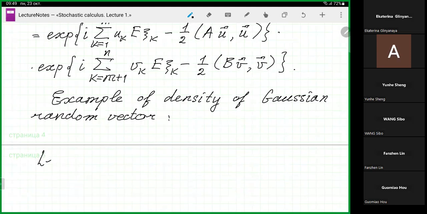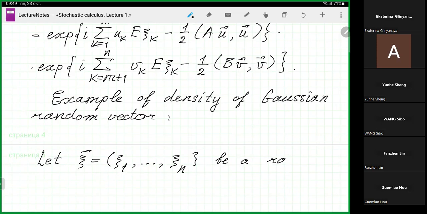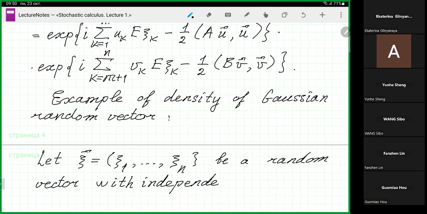Let psi be a random vector with independent normal variables with such parameters.